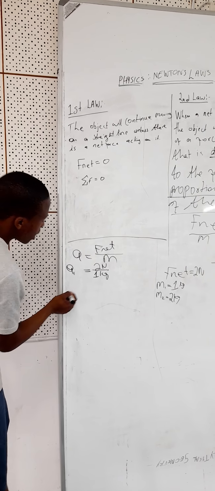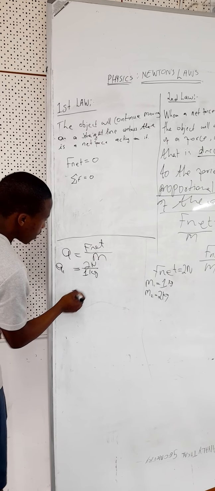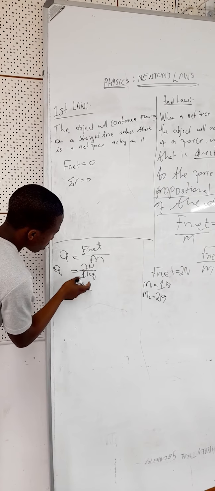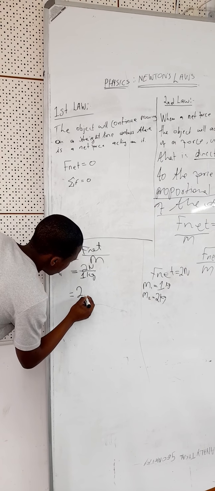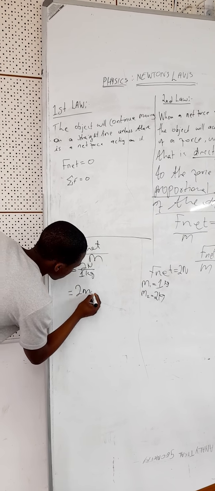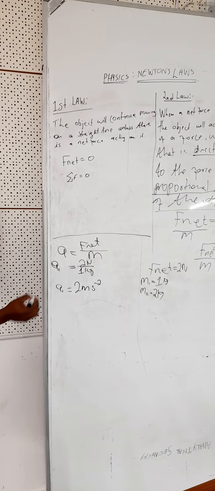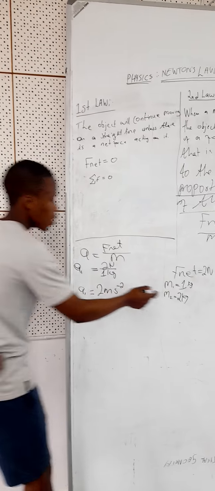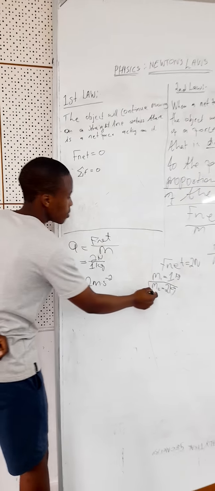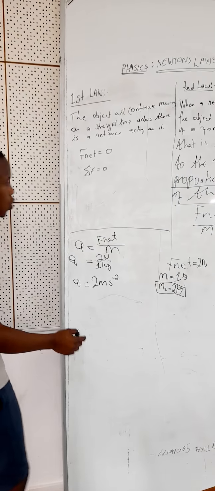This ends up being 2 meters per second squared for A1.